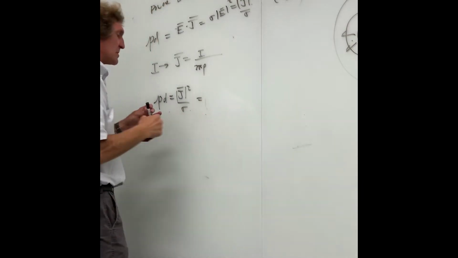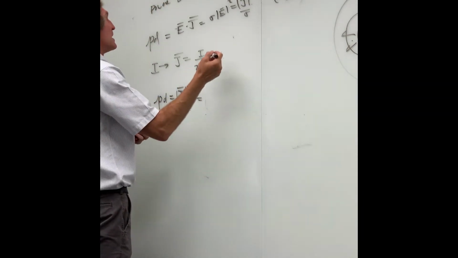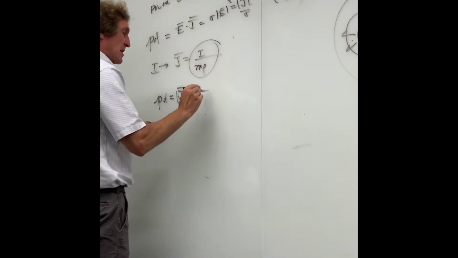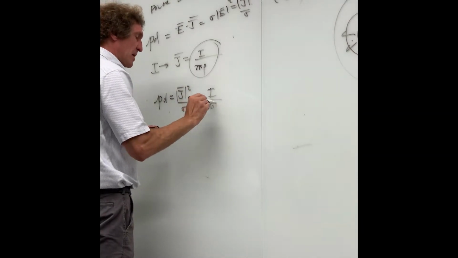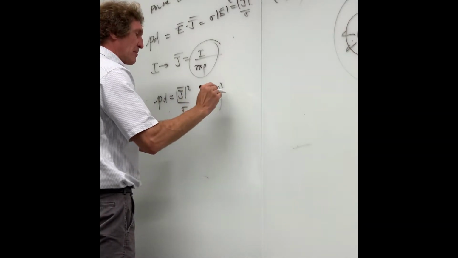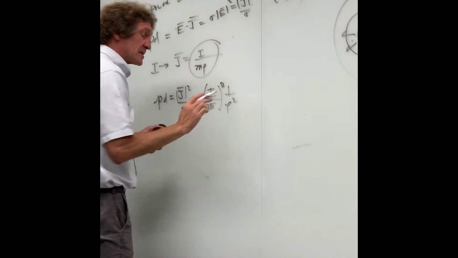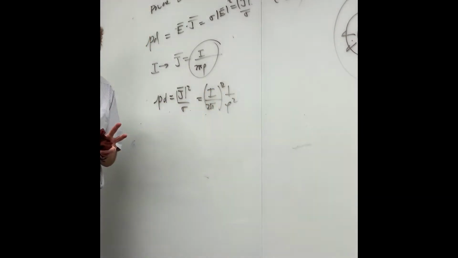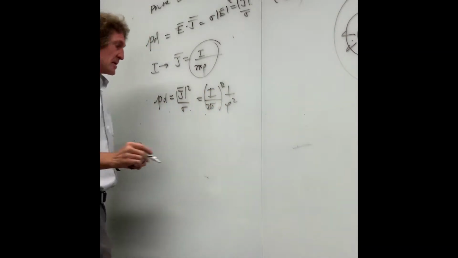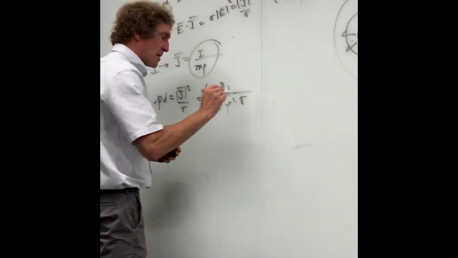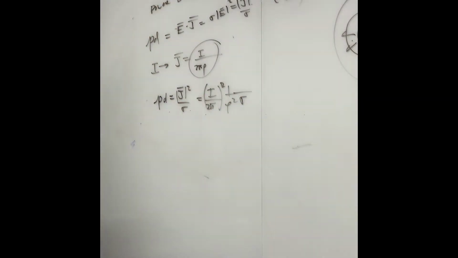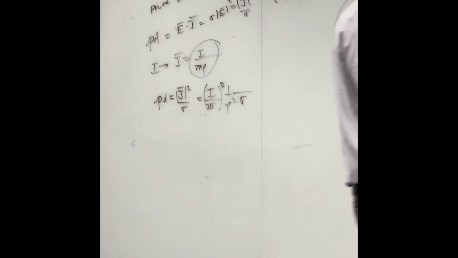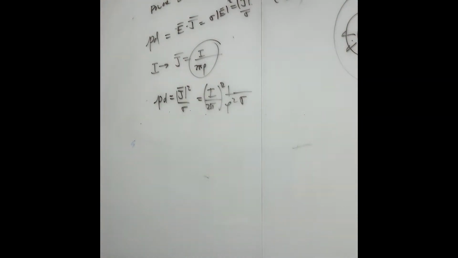This is equal to J squared. Well, J is this. So if I square that, I get I over 2 pi, and I square that. I'm breaking the 1 over rho squared out by itself. So that's J squared. And then I divide it by sigma. Agreed, everyone? Sorry about that. And thank you. So this actually is right, and there should be a sigma here, and that's J squared divided by sigma, the power density.